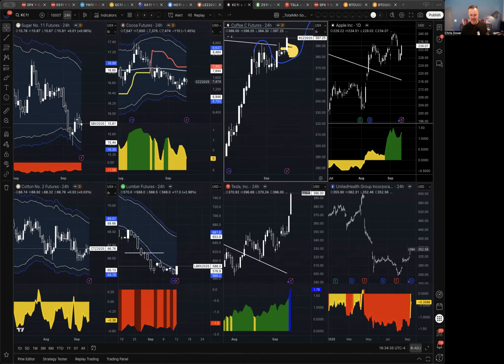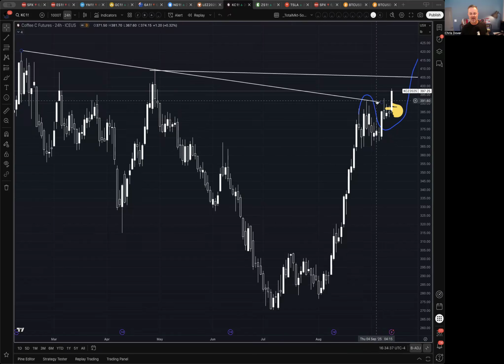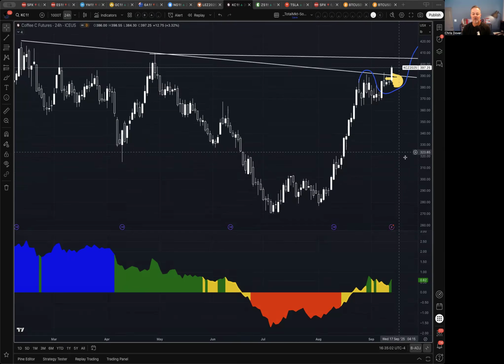Coffee. Now, I did not catch this move yet. I will most likely be looking to buy the open on Sunday or Monday, depending on how we do here. But this is the action: up, down, break. I'm probably going to be looking to own coffee, December coffee, somewhere in this area over here.